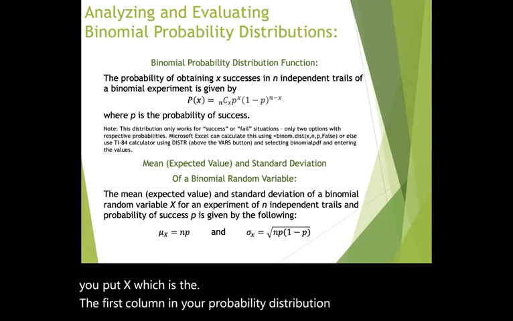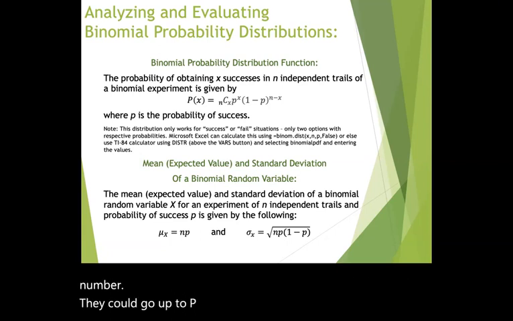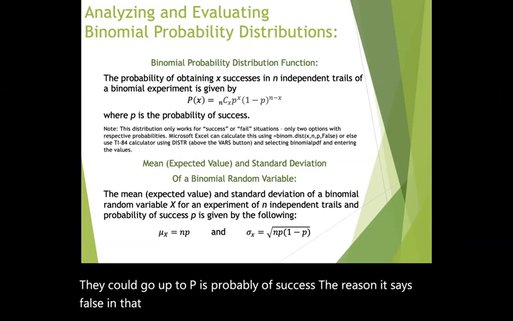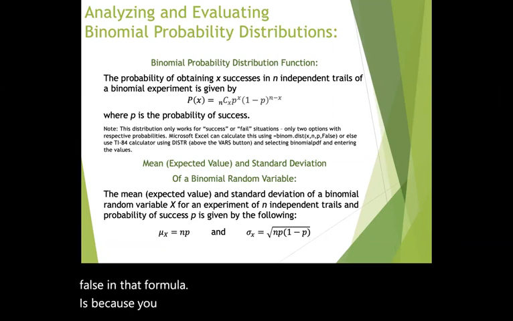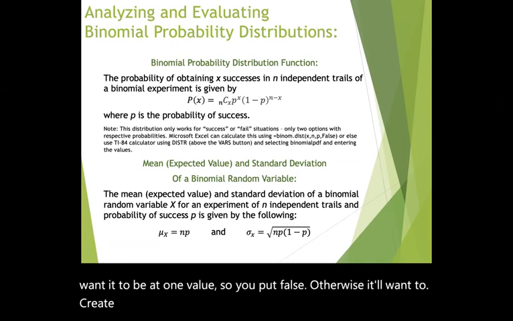N is the total number that you could go up to. P is the probability of success. The reason it says FALSE in that formula is because you do not want it to be a cumulative frequency. You want it to be at one value. Otherwise, it'll create a cumulative probability, which is not what we need in this case.